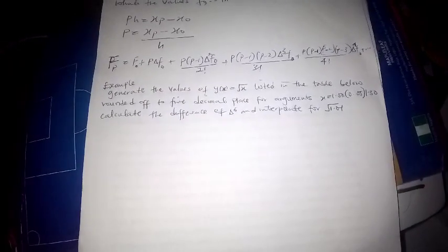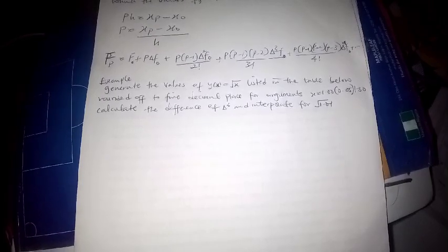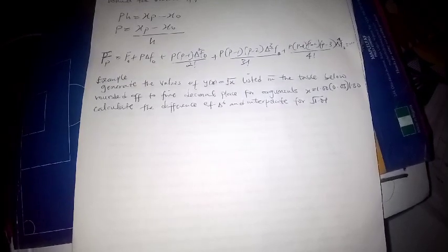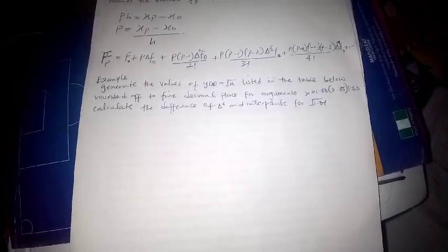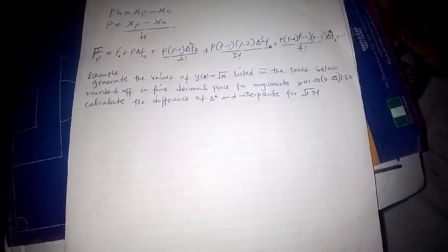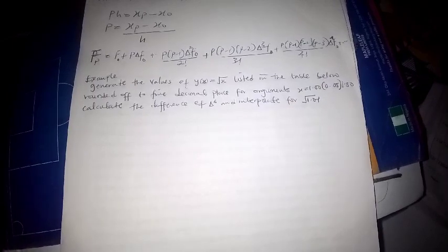So now let's dive into a question. Example: generate the values of y of x is equal to square root of x listed in the table below, rounded off to 5 decimal places for argument x is equal to 1.00 bracket 0.05 close bracket 1.30.